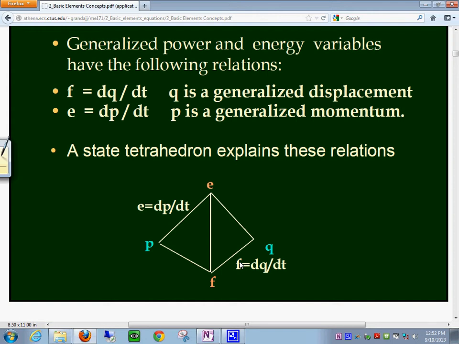So the derivative of this is the flow, the derivative of this is the effort. Okay, so that is the tetrahedron of state. So we're going to be using these four variables, E, F, P, and Q.